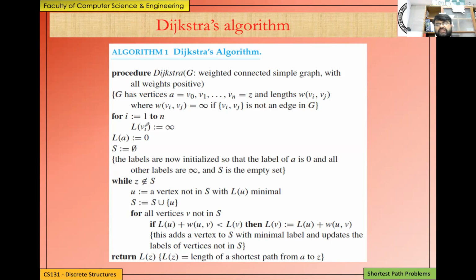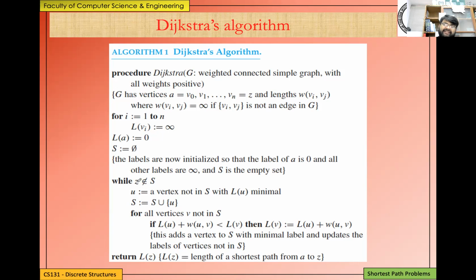Like we said initially, for each vertex we label it with infinity. Then the initial vertex is labeled 0, and we start with an empty path. So now the labels are initialized so that the label of A is 0 and all other labels are infinity, and S is an empty set at the start.